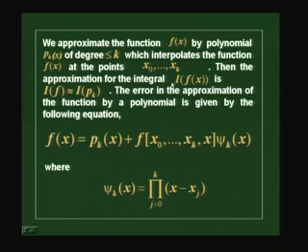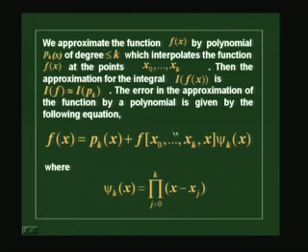Then we can write the approximation for the integral I of f of x by I of p k of x. And then there is an error in this approximation, and that error is given by the next term in the polynomial.